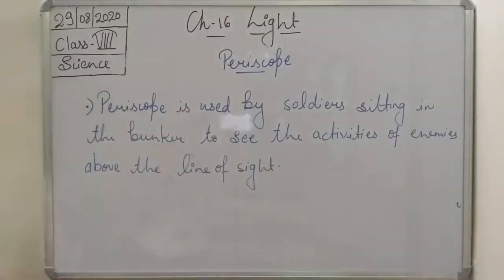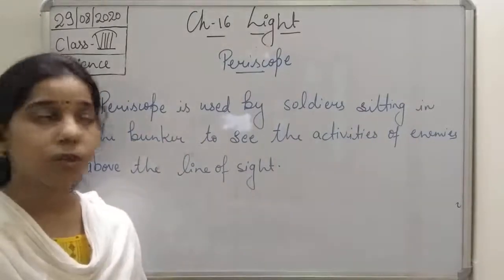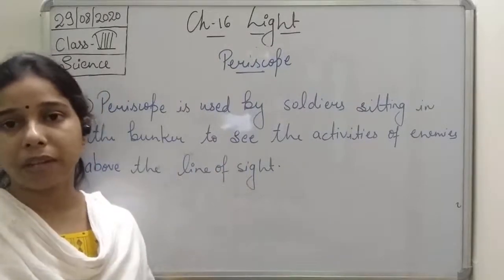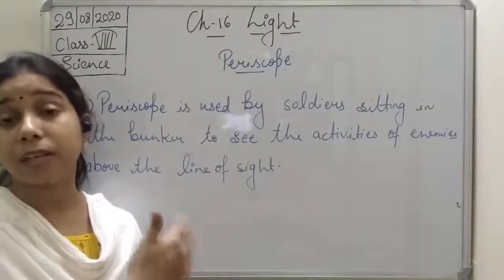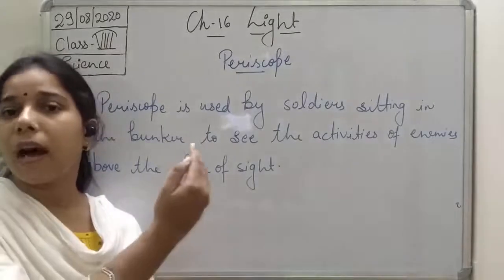Okay. So the periscope is used by the soldiers to see the activities of the enemies above the line of sight. It means on the ground or at a heighted place.